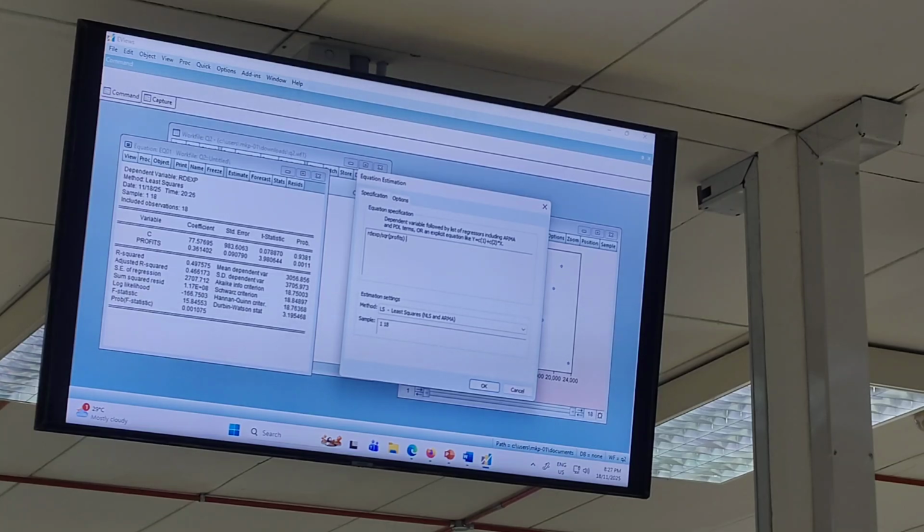And then the intercept C becomes 1 over square root of profit. And profit over square root of profit is square root of profit.